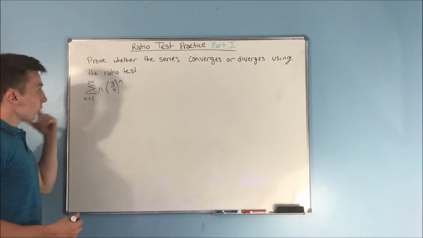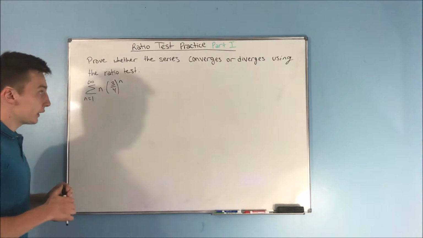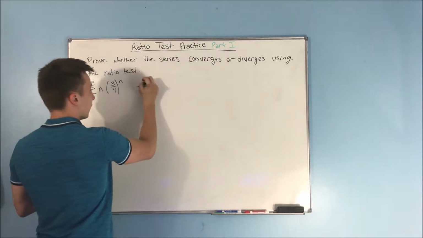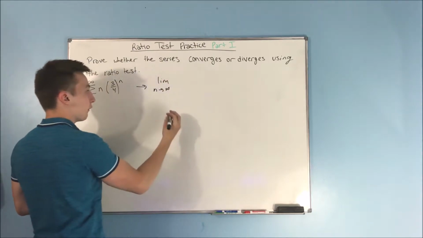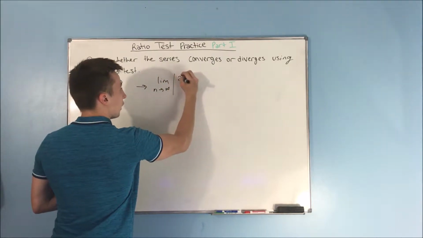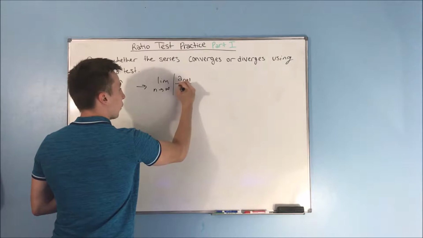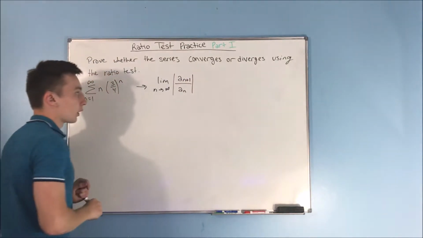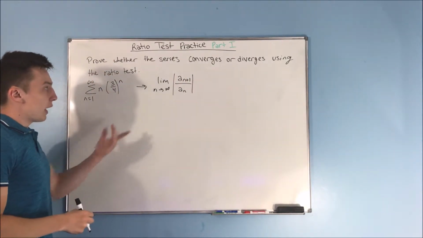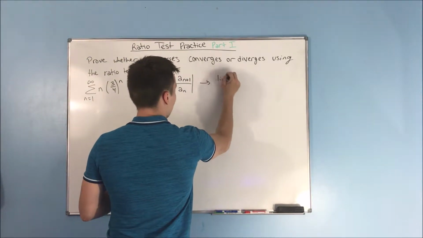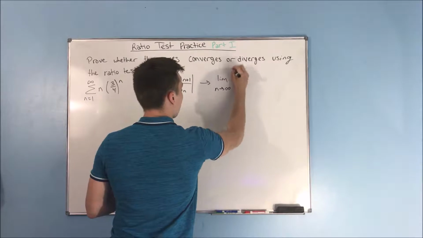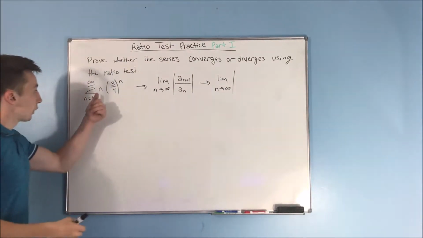Using the ratio test, what is the ratio test format? We need to take the limit as n approaches infinity of the absolute value of a sub n plus 1 over a sub n. Let's figure out what a sub n plus 1 is.